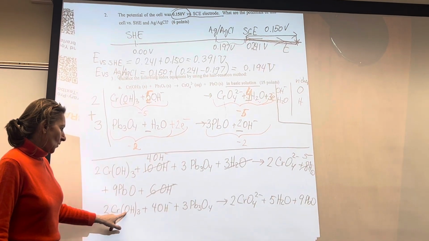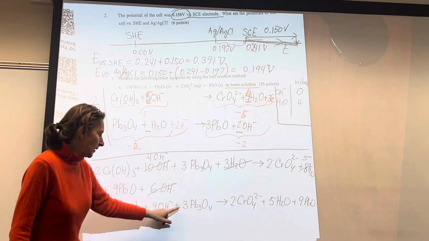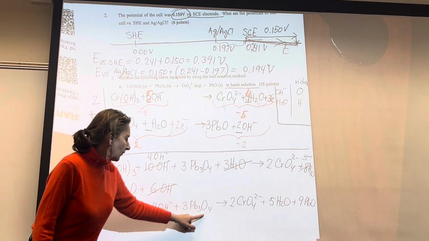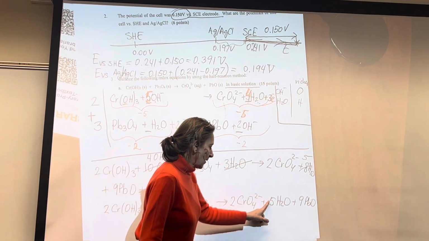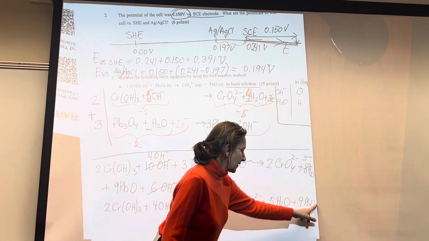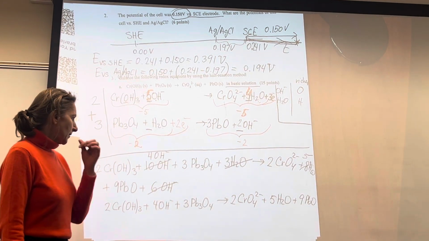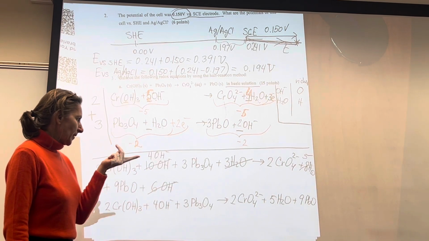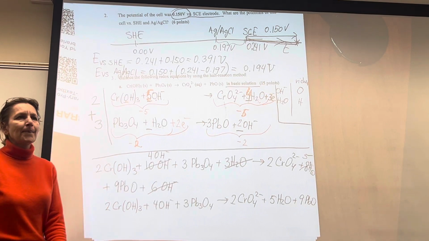We have 6 oxygen here and 4 here. 10 and 12, 22, 8 plus 5 plus 9. Yes, it's balanced, 22. 8 plus 5 is 13, and plus 9, yeah.